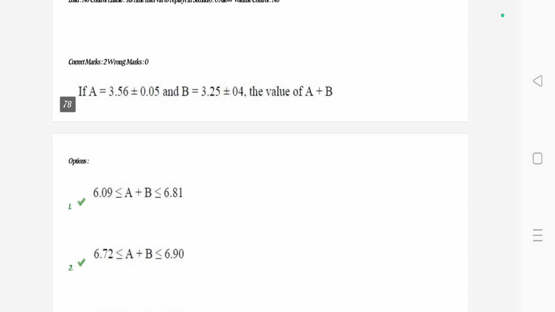If A equals 3.56 ± 0.05, B equals 3.25 ± 0.4, then the value of A plus B. So A plus B, add both, LHS, LHS, RHS, RHS, you will get 6.09 ≤ A + B ≤ 6.81.